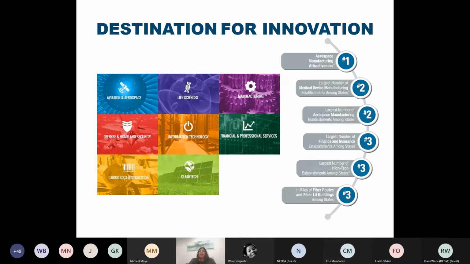In terms of homeland security and defense solutions, it also includes cybersecurity and also financial and professional services. So in a sense, when we talk about high innovation industries, Florida is really the place where technology, creativity, and exploration seem to converge. Next slide, please.